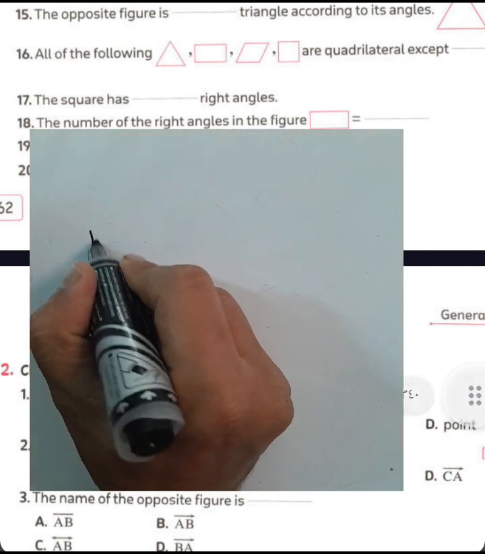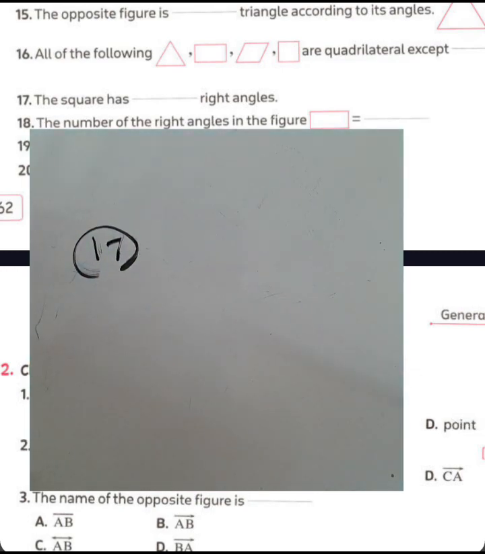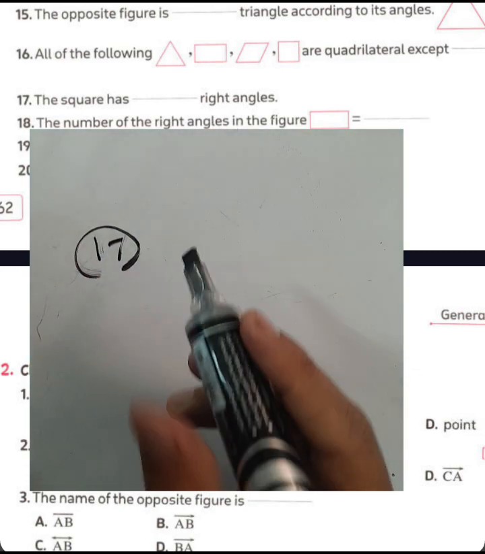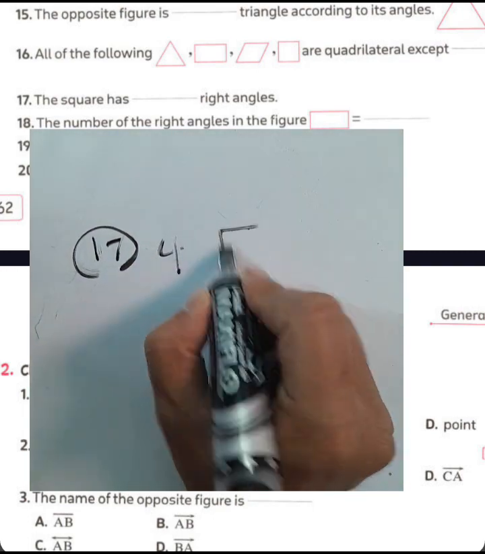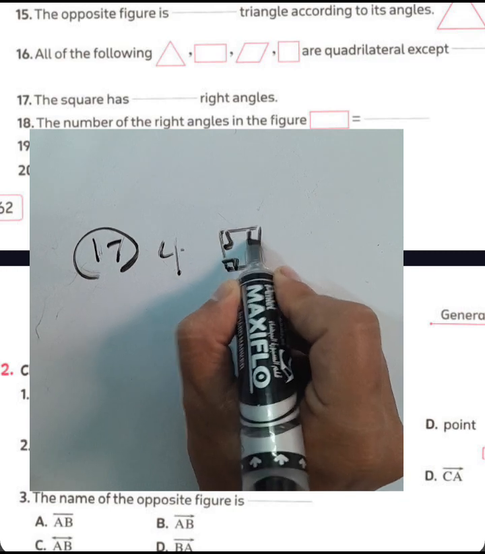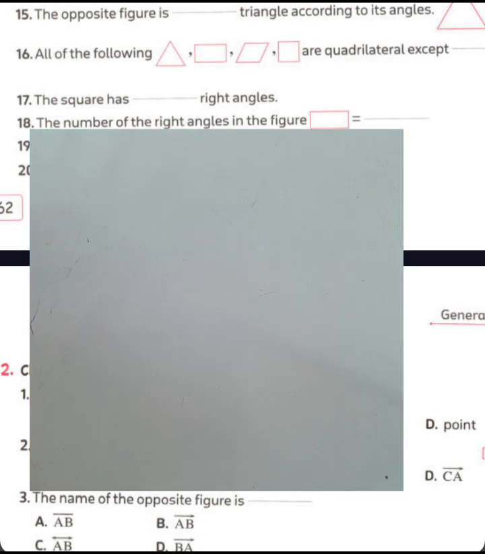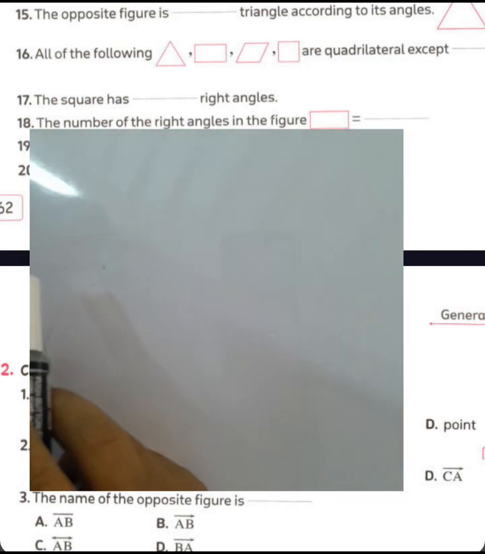Question 17. The square has 4 right angles. 1, 2, 3, 4. Question 18.